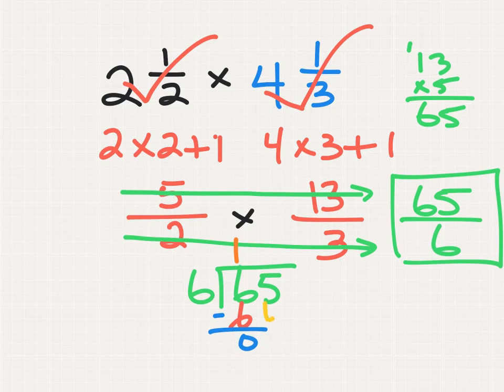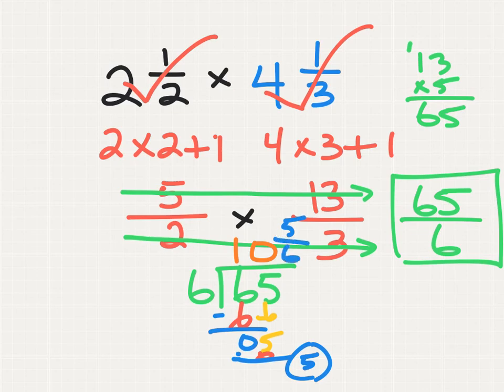I bring down the 5. I can make no groups of 6 from 5. So this is 0. 6 times 0 is 0. 5 minus 0 is 5. That's my remainder. My remainder becomes my numerator over my original denominator.